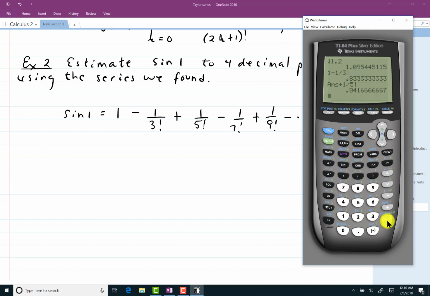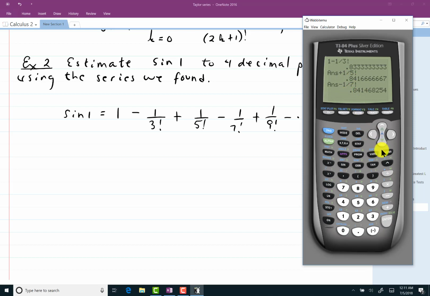Now what I have is essentially 1 decimal place of accuracy, because the previous answer and this answer agree in 1 decimal place. Although, maybe it's getting close to 2, so I'm going to do some more terms. So I'm going to go minus 1 divided by 7, and then I'll do my factorial. All right, so it looks like now I have 0.84, 0.84, kind of locked in.